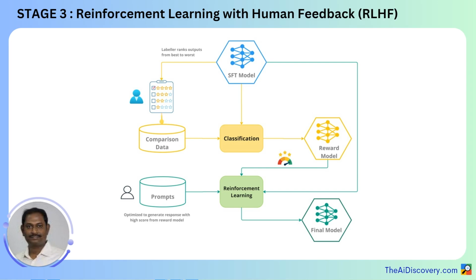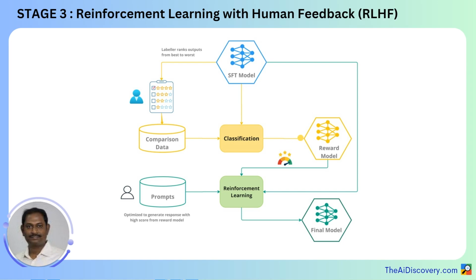Several thousands of comparison labels are created and stored as comparison data. This training corpus is then applied to the SFT model, and finally we get the reward model. So in the RLHF stage, part 1, creating the reward model, is done.